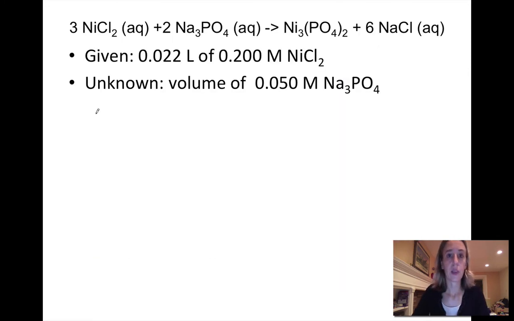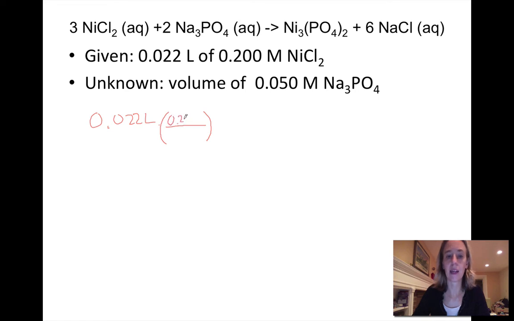So the first step in this problem is to convert this volume to moles, which we did when I first introduced this problem, but now I'm going to show you a different way to think about it. You can use molarity like a conversion factor, and the math is exactly the same.